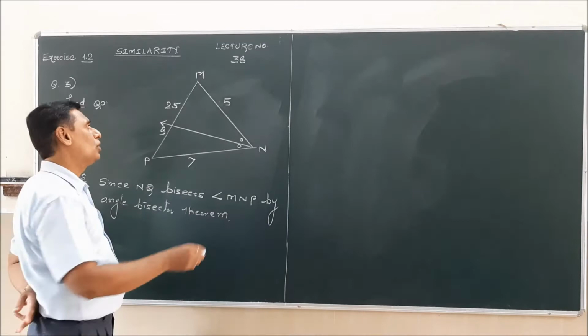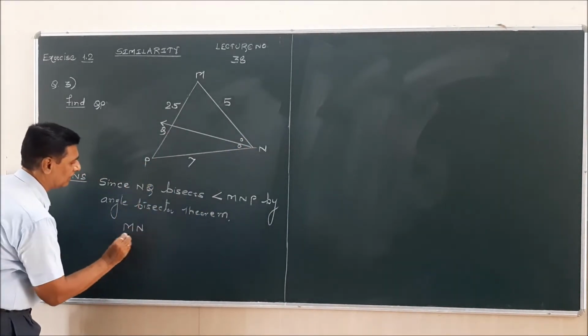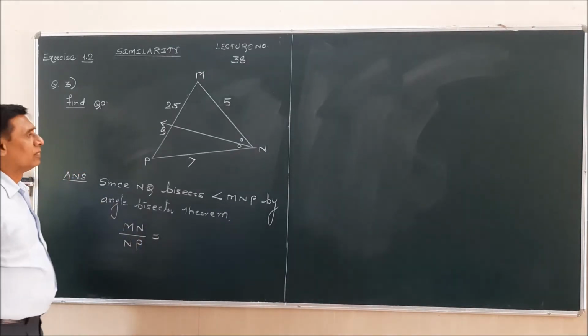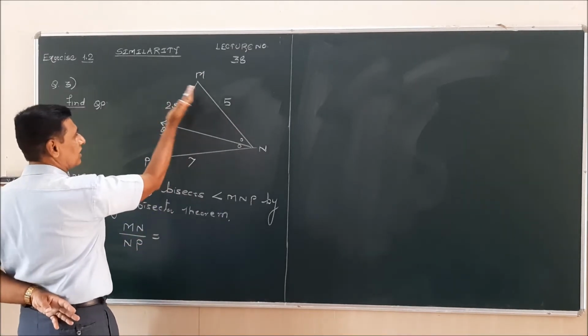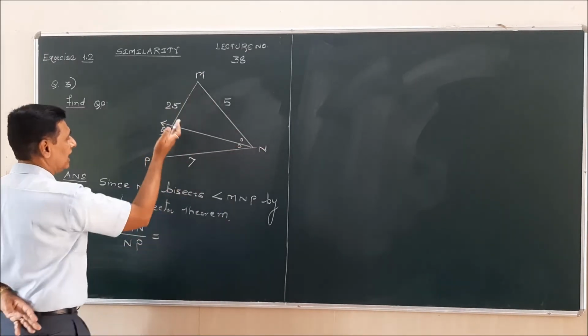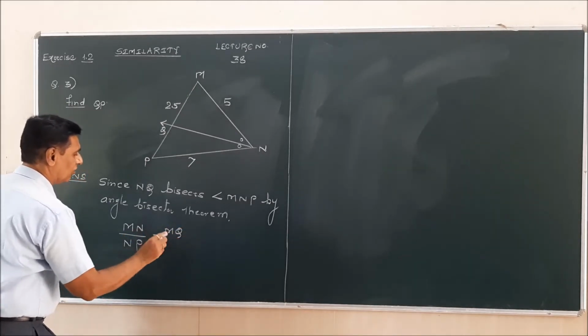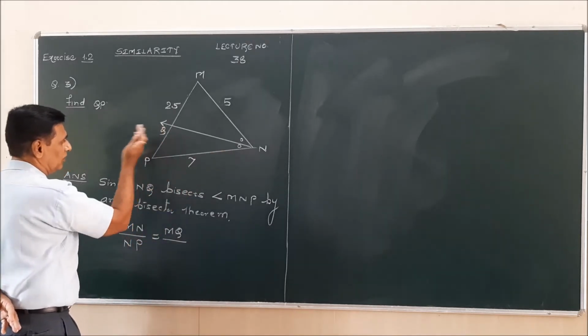N. N is a union of which two sides? MN and NP. So the ratio of the sides of the angle, MN upon NP, is equal to the corresponding parts. The corresponding part of MN is MQ. It should come in front of MN. Please take care. The corresponding part of NP is PQ.